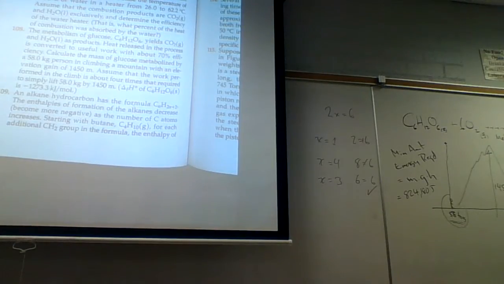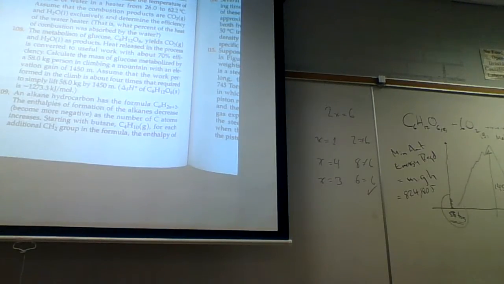And so what we're going to do is assume the energy required equals 4 times the minimum energy. And so let's go ahead and multiply this by 4, which gives me 3,296,720 joules of energy to climb.